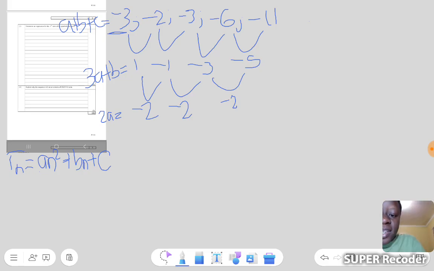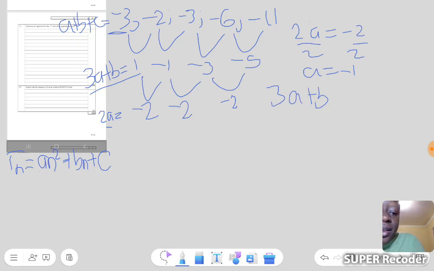So let's find a, given that 2a is equal to negative 2, divided by 2 on both sides. Our a will be negative 1. To get b, we will use this formula: 3a plus b is equal to 1.